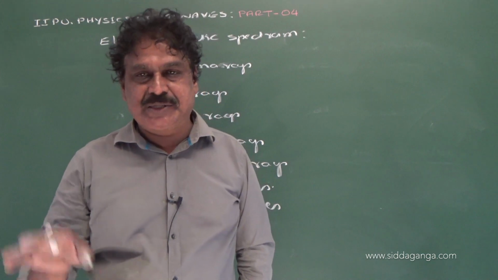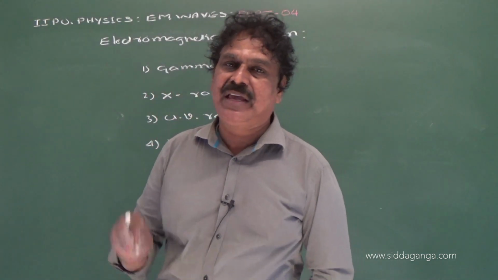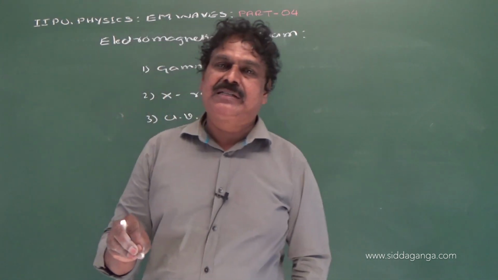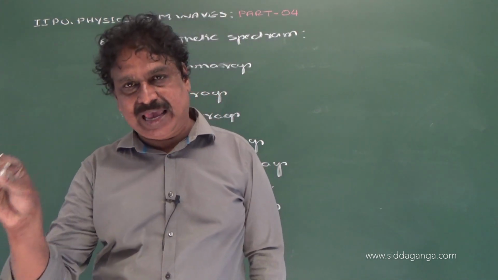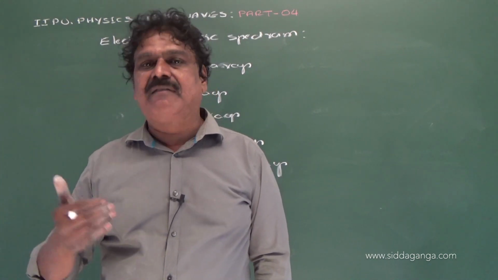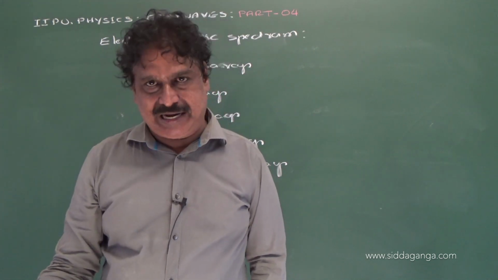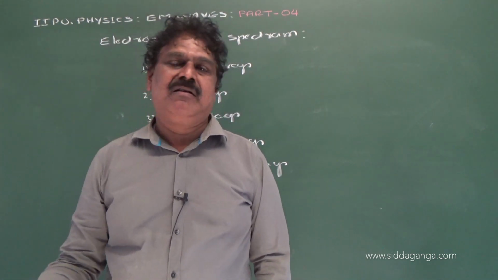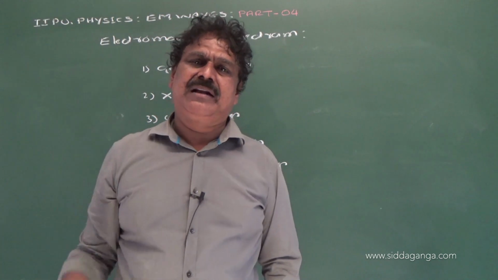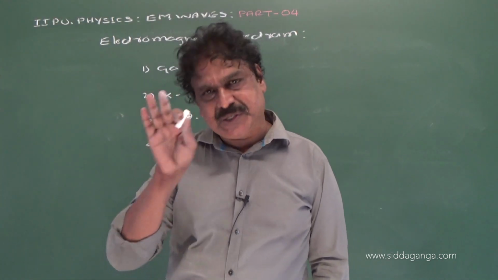The light splits up into constituent colors. Suppose we are having a pure white light, it splits up into 7 colors, VIBGYOR. Now this ordered sequence of colors, from violet to red with increasing order, or from red to violet with decreasing order of wavelength, is called a spectrum.